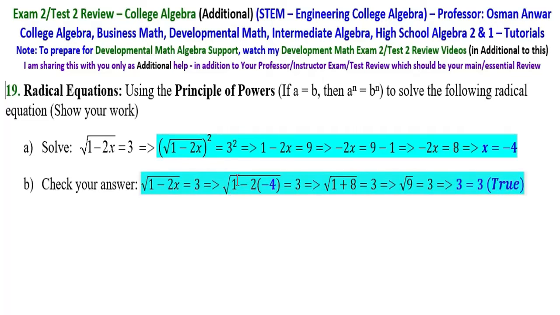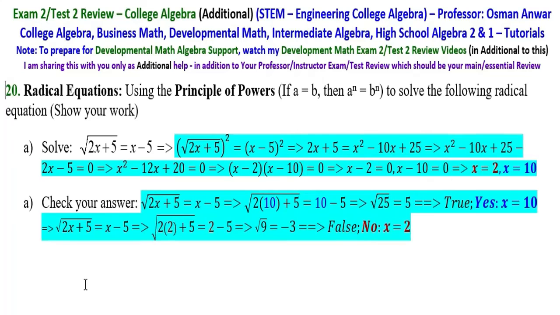So that is square root of 1 minus 2 times x, which is minus 4. Is that equal to 3? That is square root of 1 plus 8 equals 3. That is square root of 9 equals 3. That is 3 equals 3. That is true. That means x equals minus 4 is a solution.